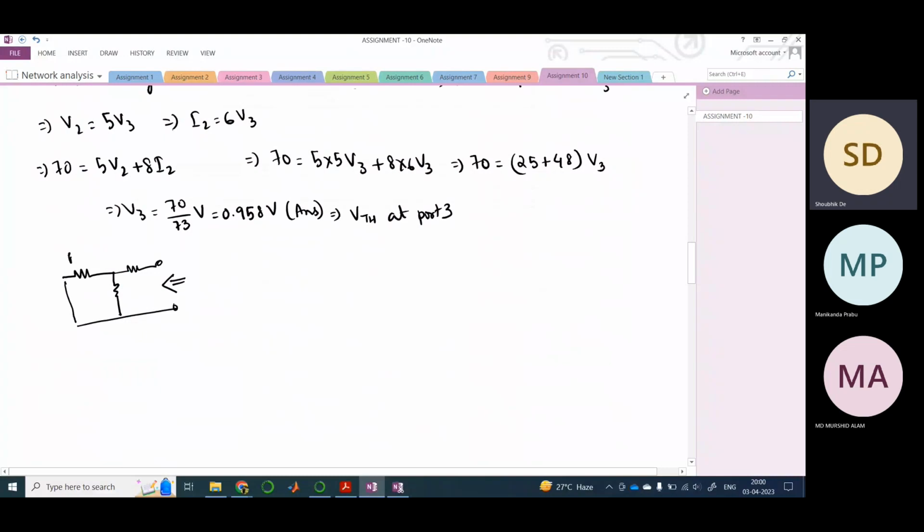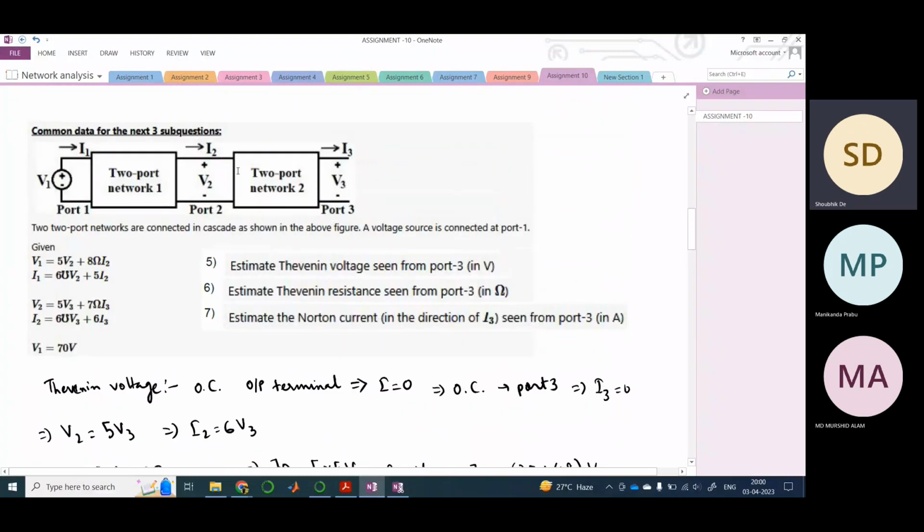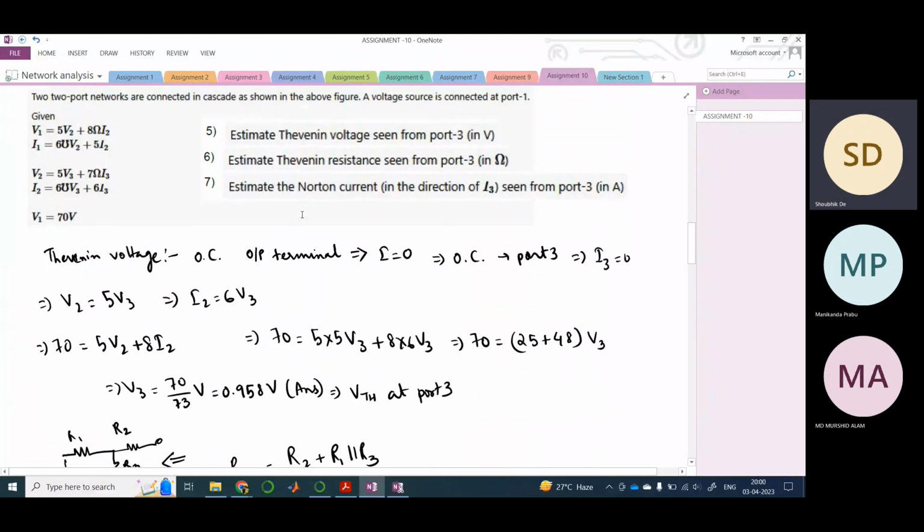Let's say this is R1, R2, and R3. Then RTH would have been R2 plus R1 parallel R3. But here we don't know what is inside network 1 and network 2.